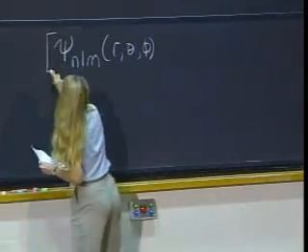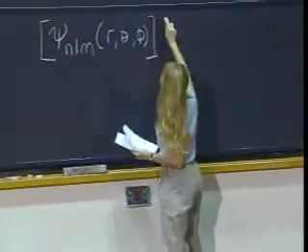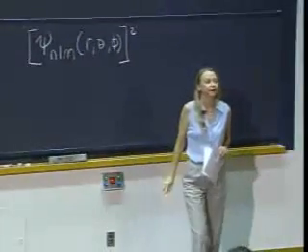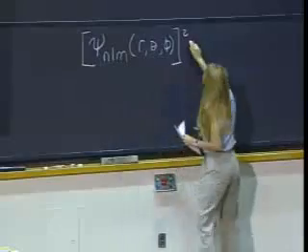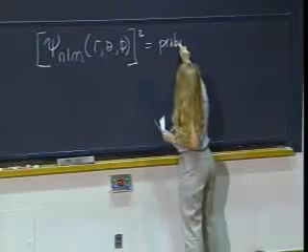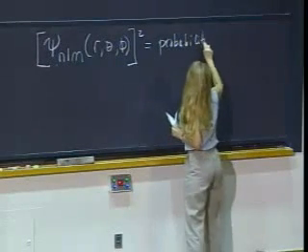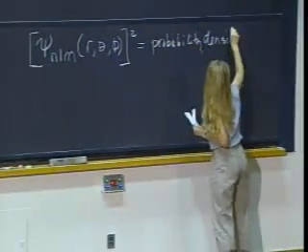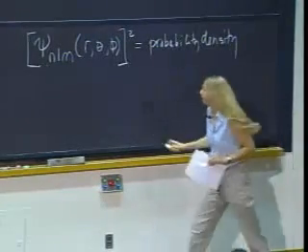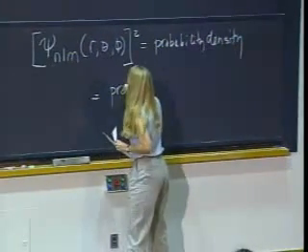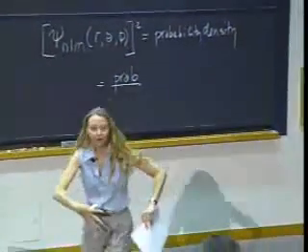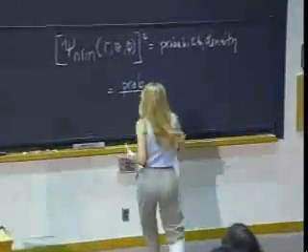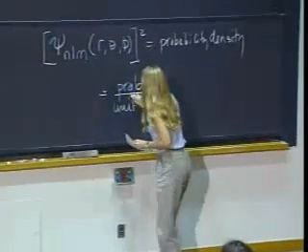If I take this wave function and I square it, the interpretation of that wave function squared is that it is the probability density. That is, it is a probability per unit volume, right? A density is always per unit volume. So it's a probability per unit volume.